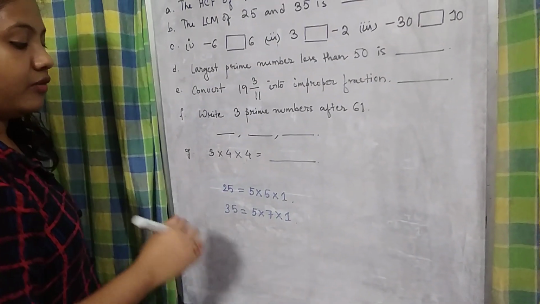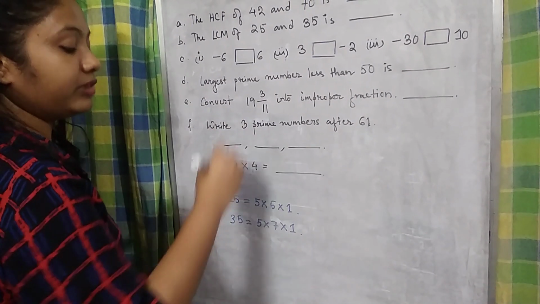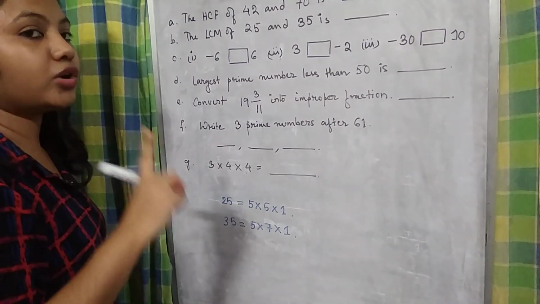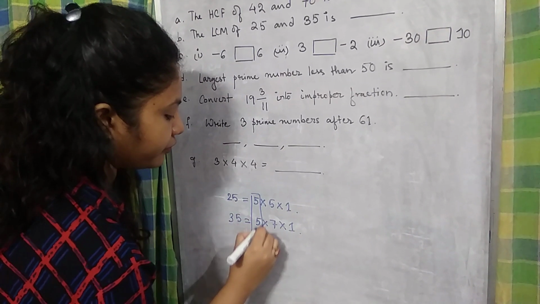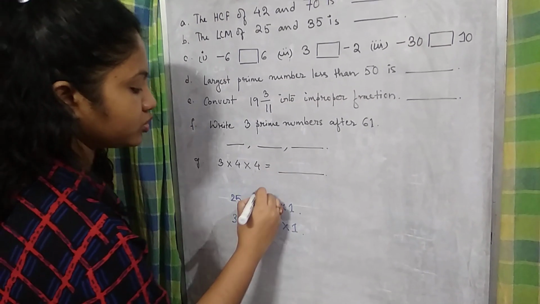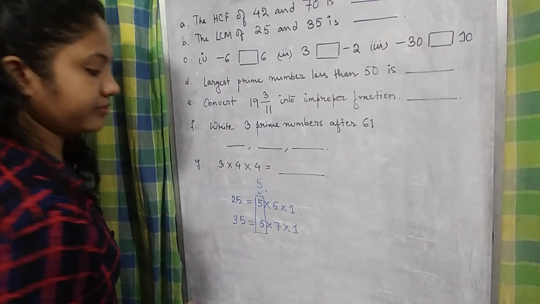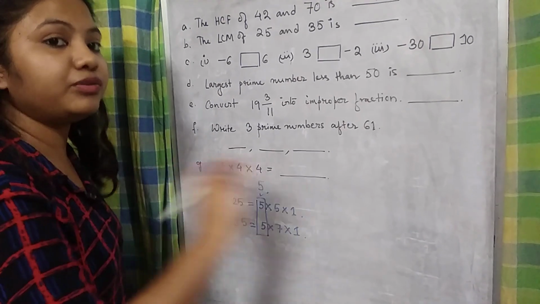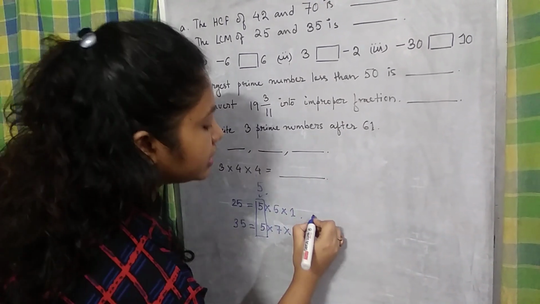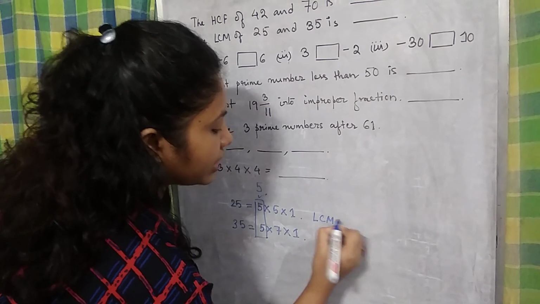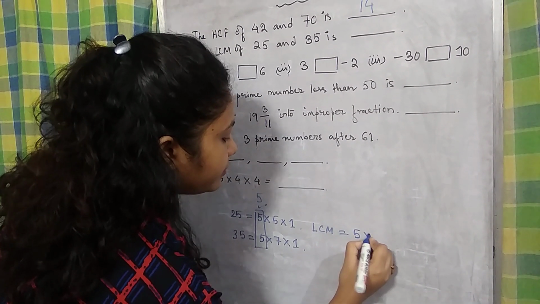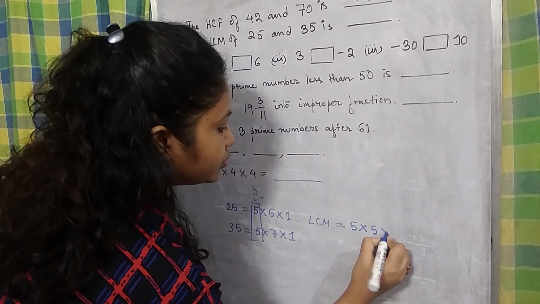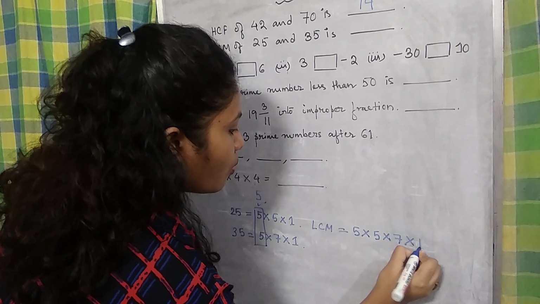Now here we will not consider only the common ones. 5 is common between the two, so we are going to take only one 5 from here, and then we multiply all of it. So LCM, the lowest common multiple, will be 5 into 5 into 7 into 1.